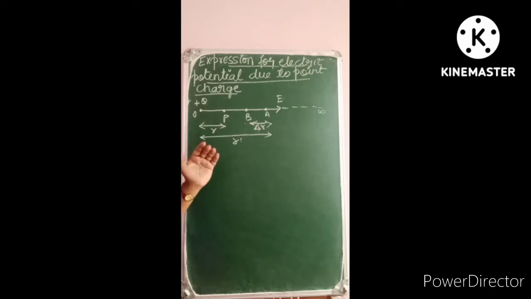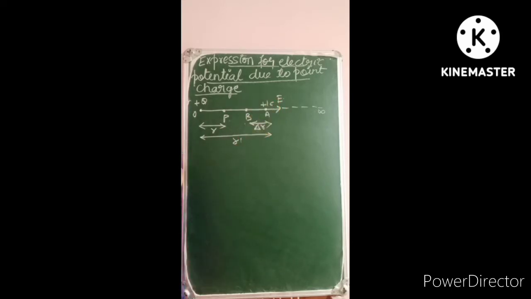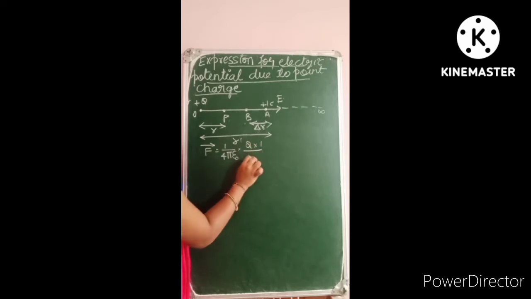Then the electrostatic force on a unit positive charge. Say the unit positive charge is at point A. The electrostatic force on a unit positive charge is given by F bar is equal to 1 divided by 4 pi epsilon naught into Q into 1 divided by R dash square into R dash cap.